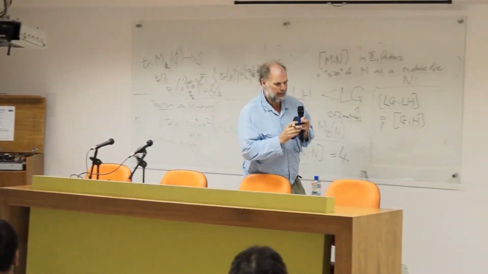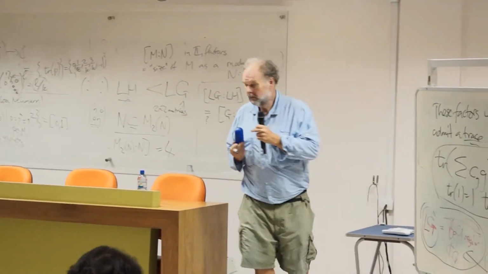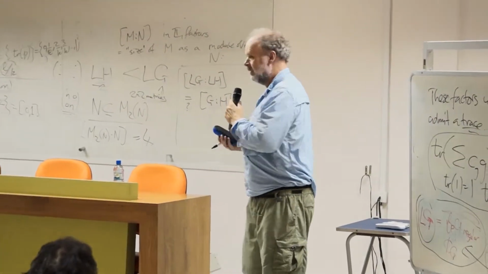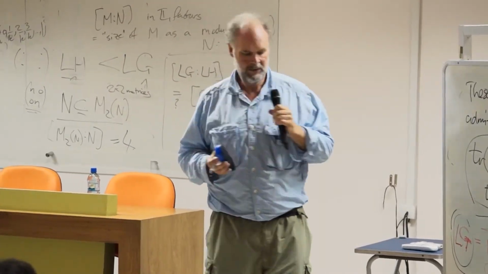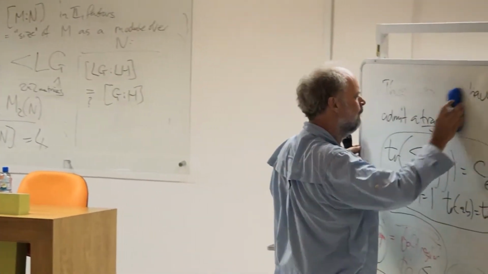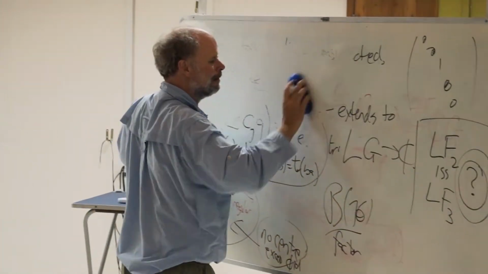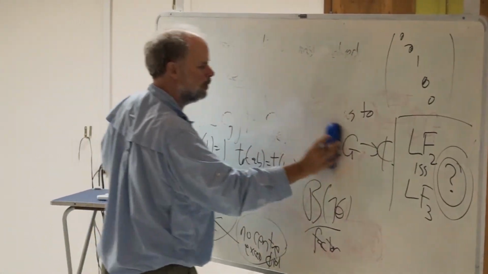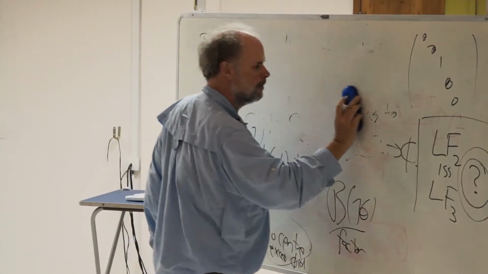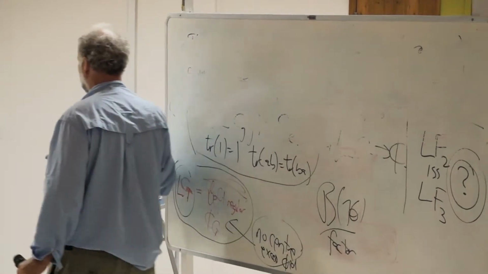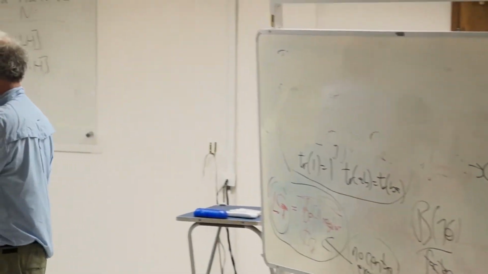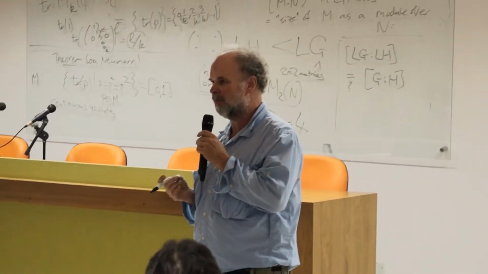Now, you see what we have with these examples is this index, and in this way we can get all integers. Certainly by fiddling with groups, we get all integers as indices of subfactors.